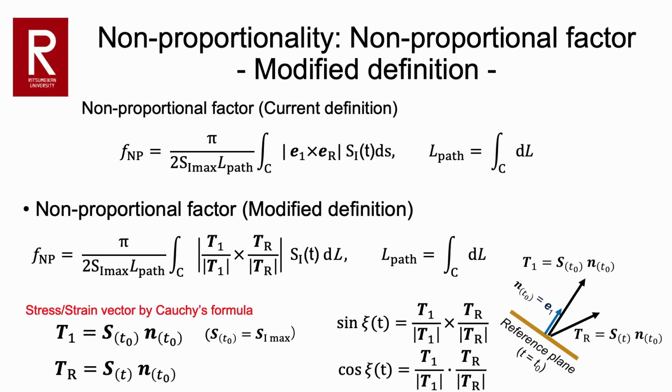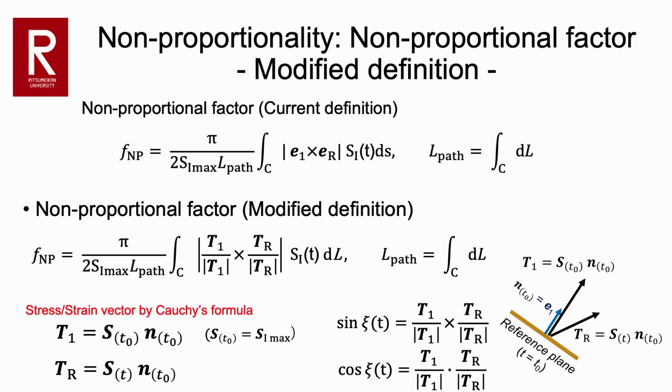Okay, so then this is the current equation, but I just modify this term, replaced by this one. What is this one? The T1 and the TR are the stress or strain vectors by Cauchy's formula.